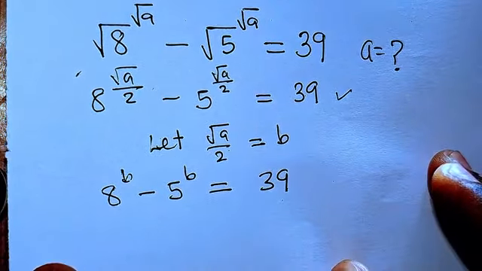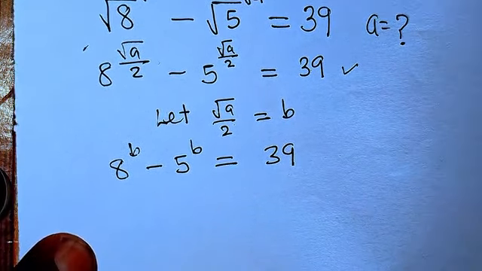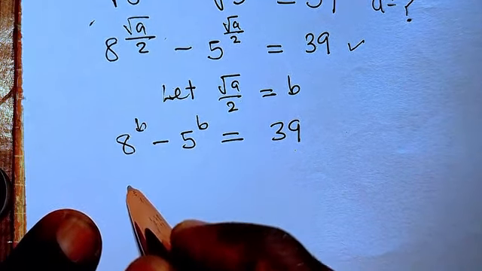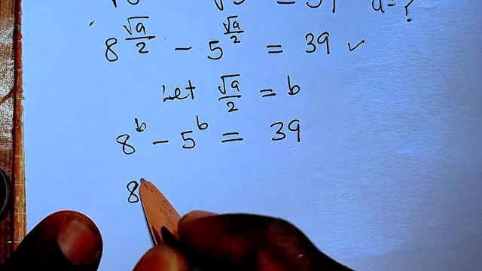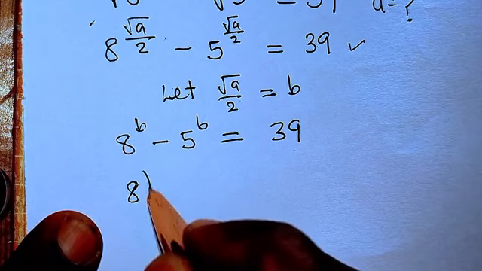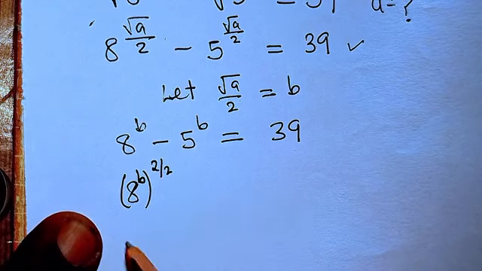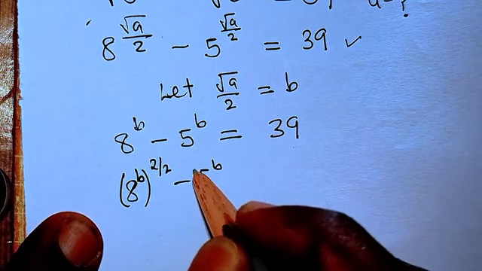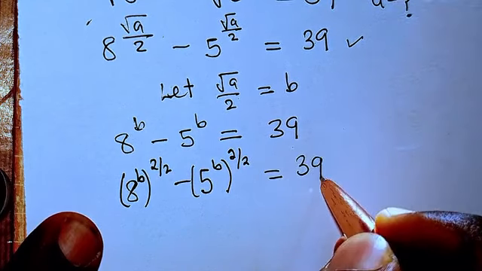So now from here, I want us to do another manipulation. You know that I should write this as 8 to the power of b, then I put 2 over 2 here, minus 5 to the power of b, 2 over 2 here, equals 39.